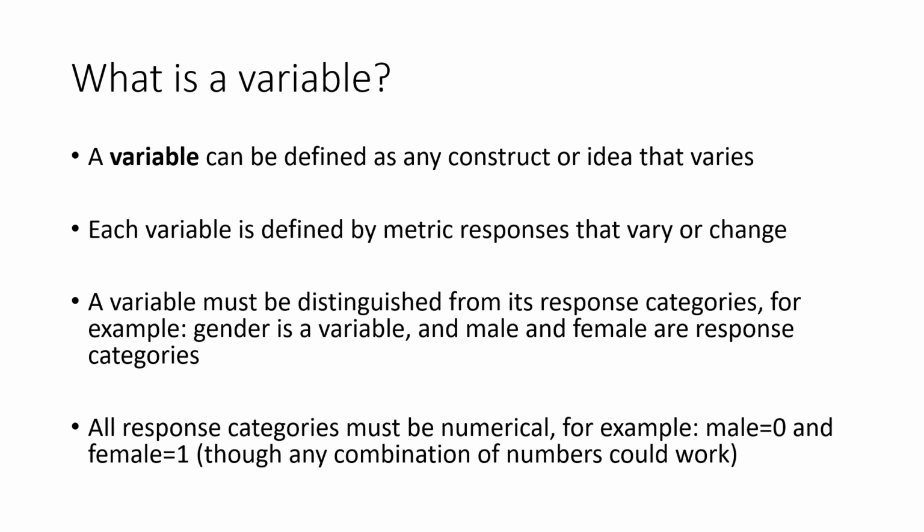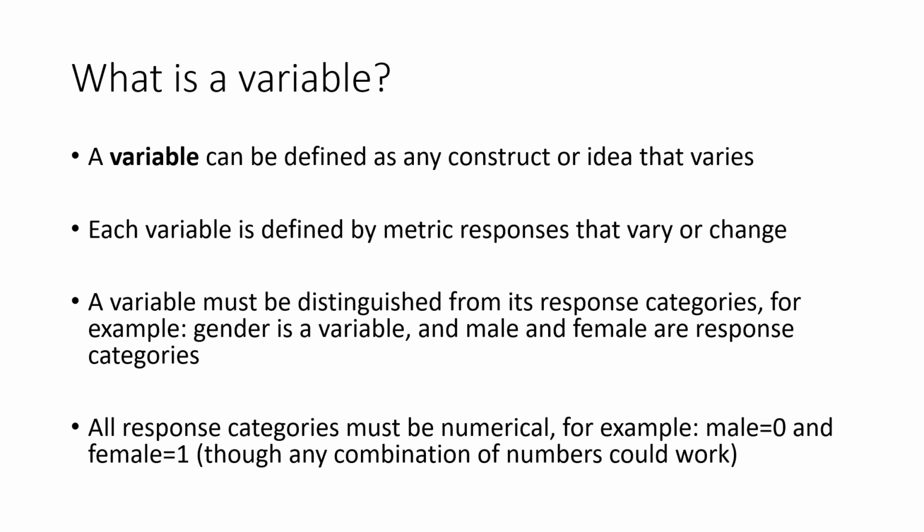When I was an undergraduate, I never really liked that definition myself because it sounds a bit tautological in the sense that you're simply saying that a variable varies. But ultimately, that's what it is. A variable is something that varies either according to the individual or the organization or whatever your unit of analysis is.